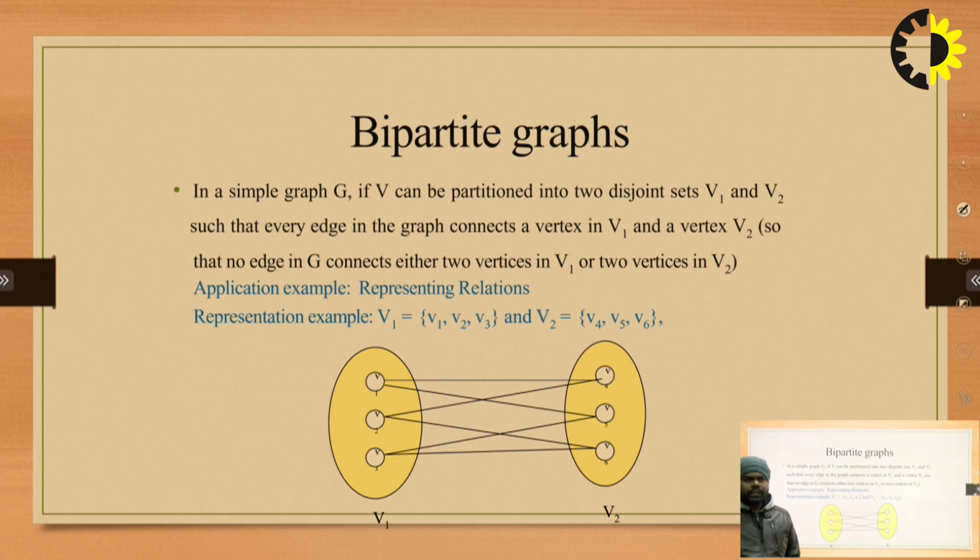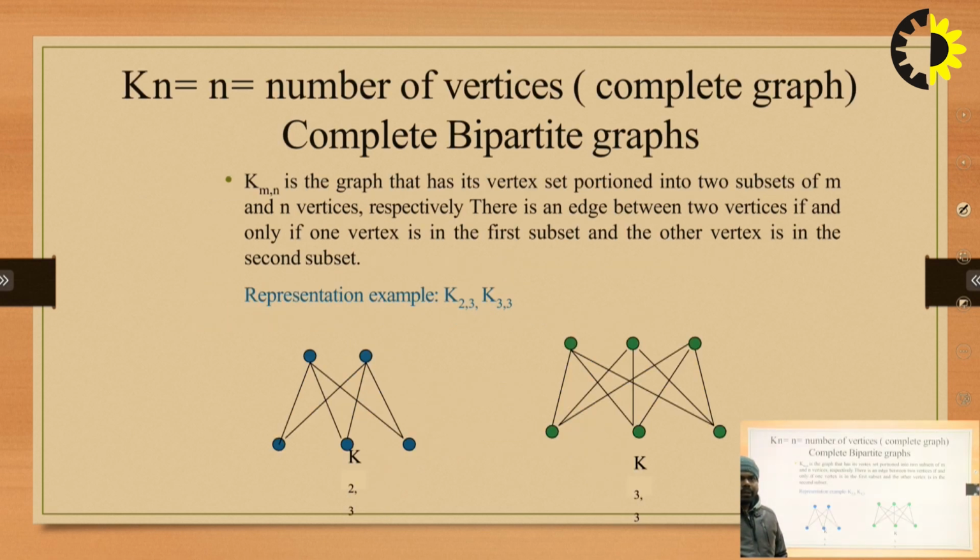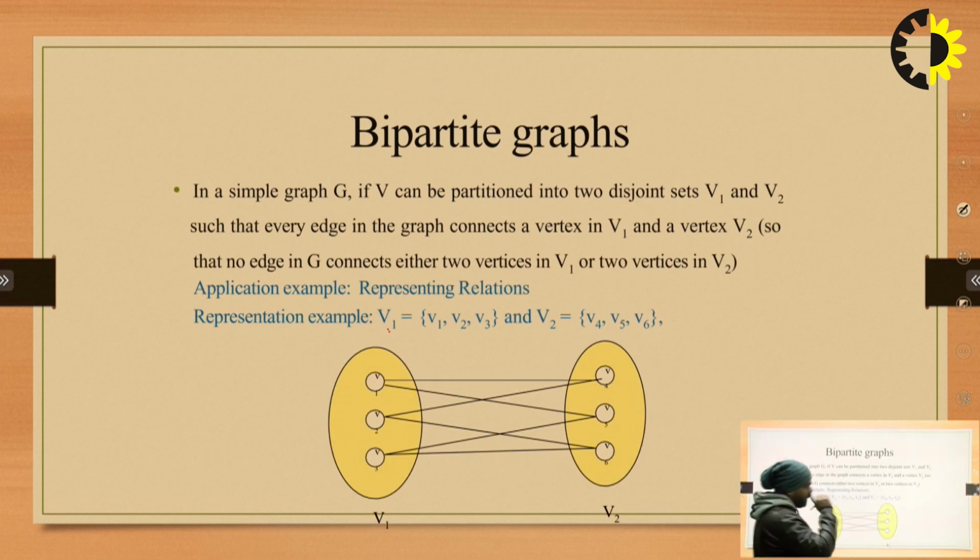Like this are the given vertices V1, V2, V3, and this is another set V4, V5, V6. So this is the bipartite graph. I am taking an example of a bipartite graph.